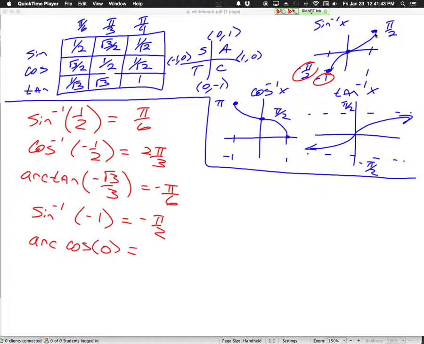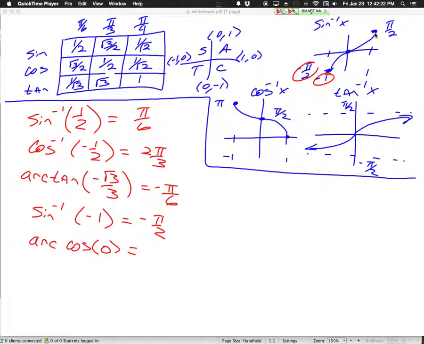Arc cosine of 0. Alright, so I go to my chart, I go to cosine, I go across, there's nothing with a 0, so that means I need to go to my graph.